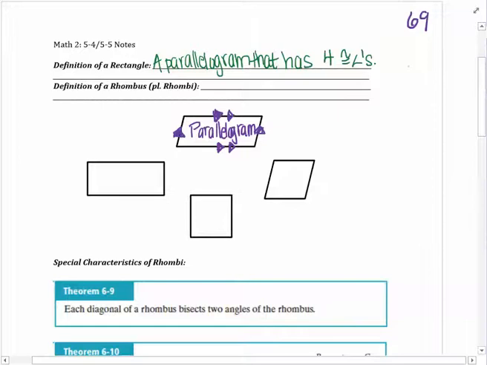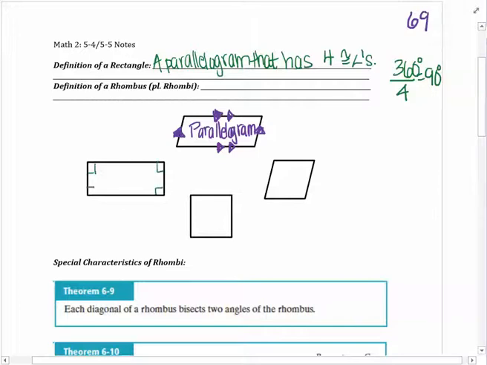Now we know that the sum of the angles of a quadrilateral, which a parallelogram is, is 360 degrees. So if all 4 angles are congruent, we can divide by 4 and we get that each one is 90 degrees. So another way that you can say this is that it's a parallelogram that has 4 right angles. That would work as a definition as well. So this is a rectangle.